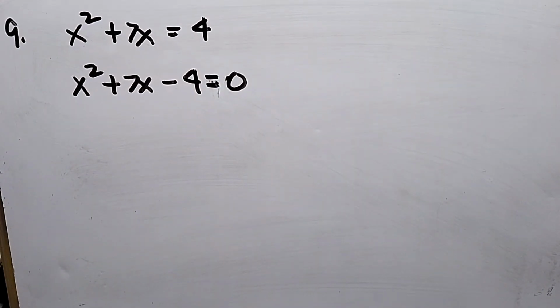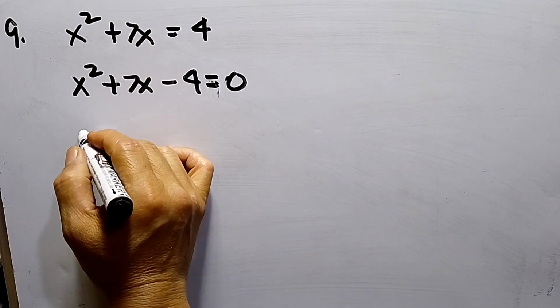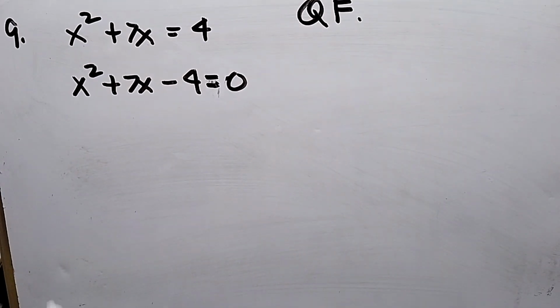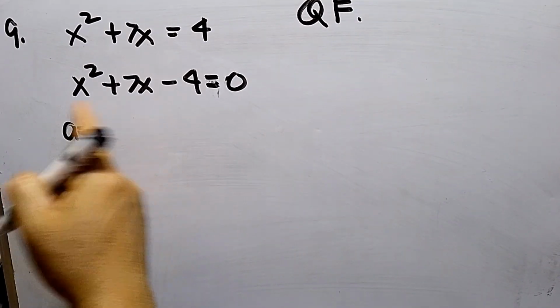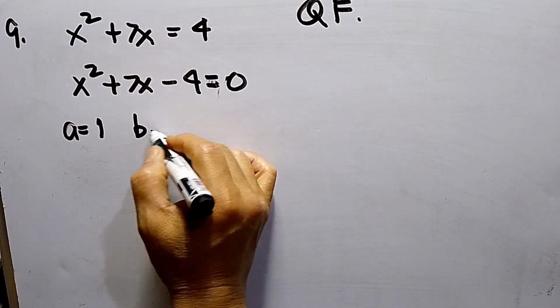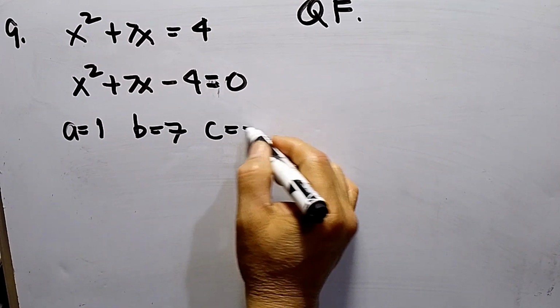Okay, so I think it cannot be solved by factoring. So we will use the quadratic formula. We'll take the a, b, c. So a will be 1, and then b is 7, and then c is negative 4.